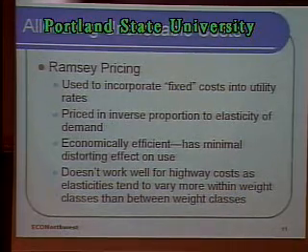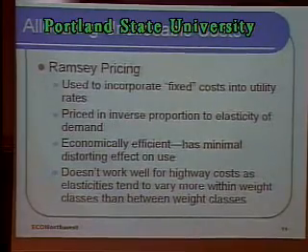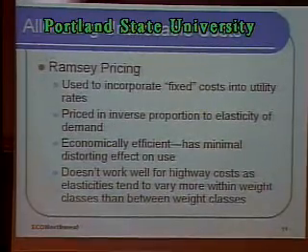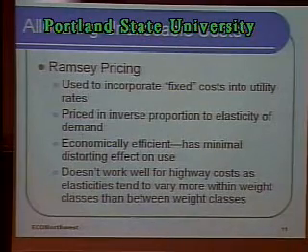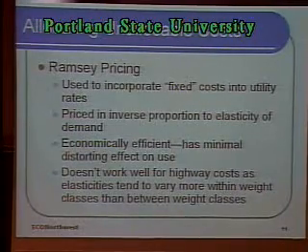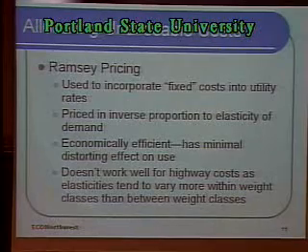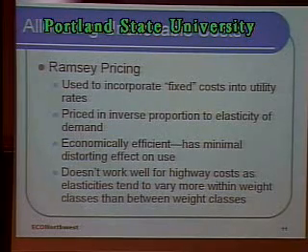And what that does is it makes the people whose use is least affected by prices pay a larger share of the cost. So it has the least distorting effect on use. And because it has the least distorting effect on use, it's the most economically efficient way to collect that money that needs to be collected.